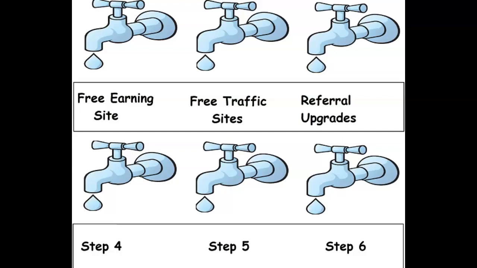So you're going to start to see referrals coming in on autopilot, because once you have upgraded your advertising so that it's paid, you don't need to be doing ad clicks or anything like that on the traffic sites for your referrals to come in.